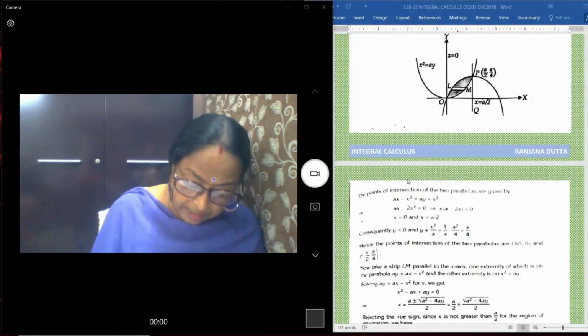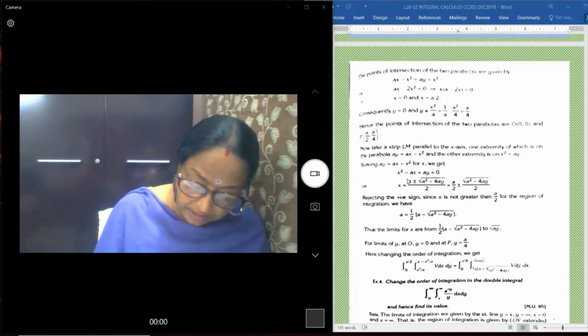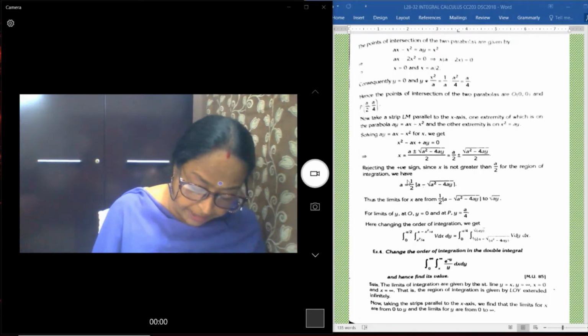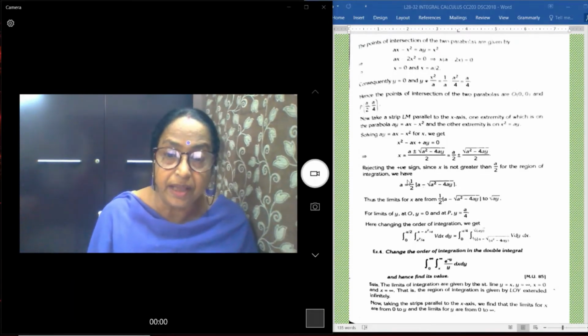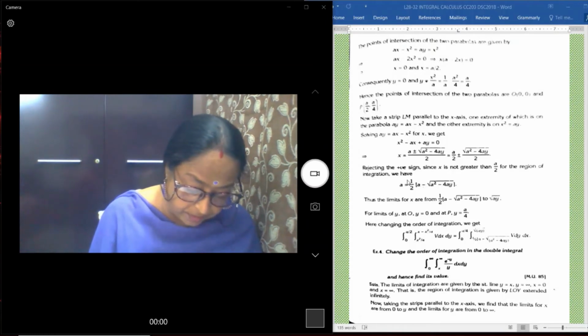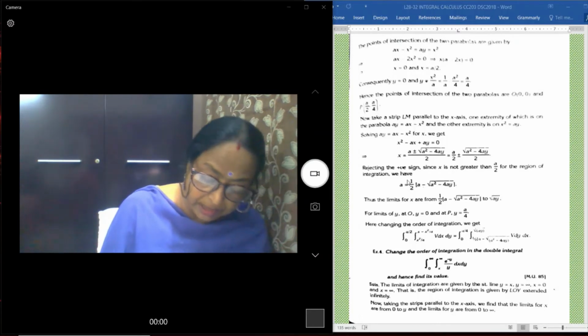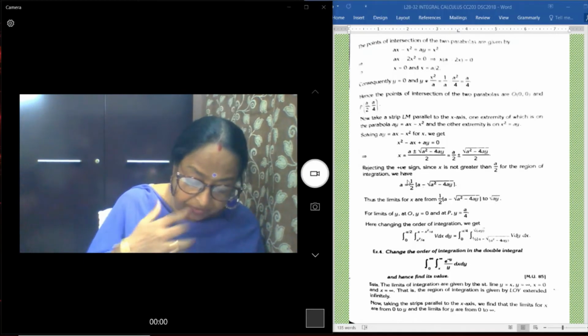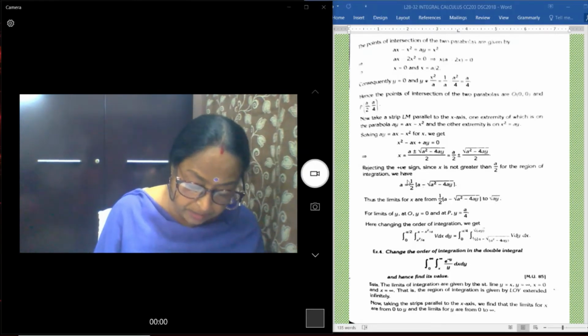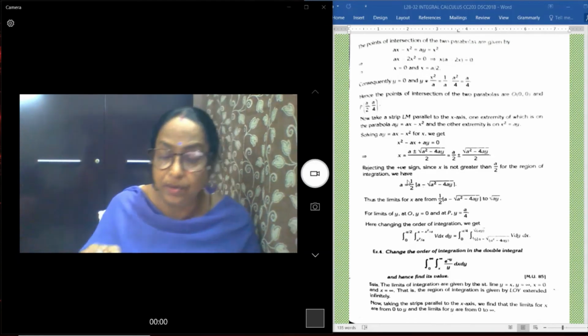Now again change the order of integration of the double integral. Here the limit of x is from 0 to infinity, and limit of y is from x to infinity, that is y equal to x and y equal to infinity, and the function is e to the power minus y by y dx dy.